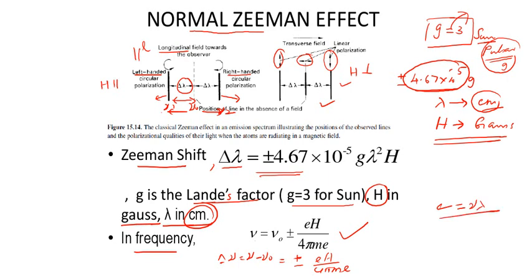Corresponding to a delta nu there will be a delta lambda, which you can convert using this. Remember that we are using c in centimeters per second, so you will get lambda also in centimeters. Be careful about the units, especially for lambda.